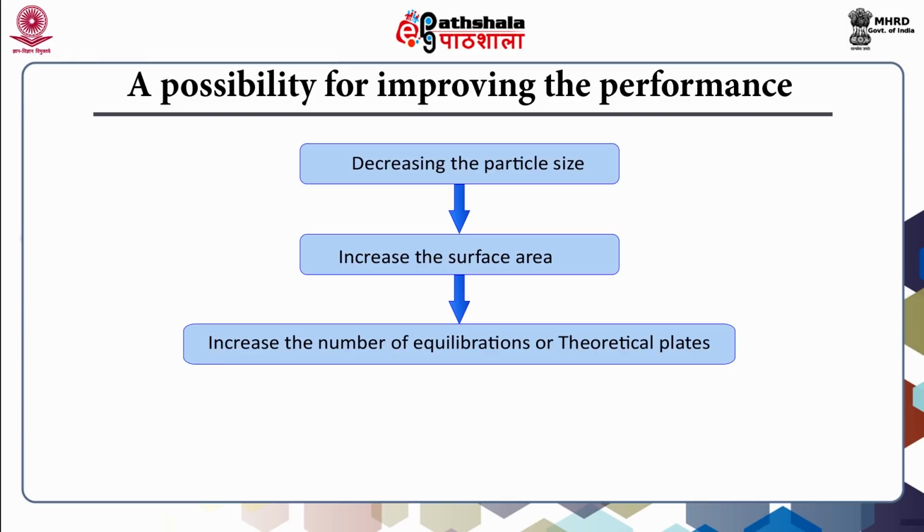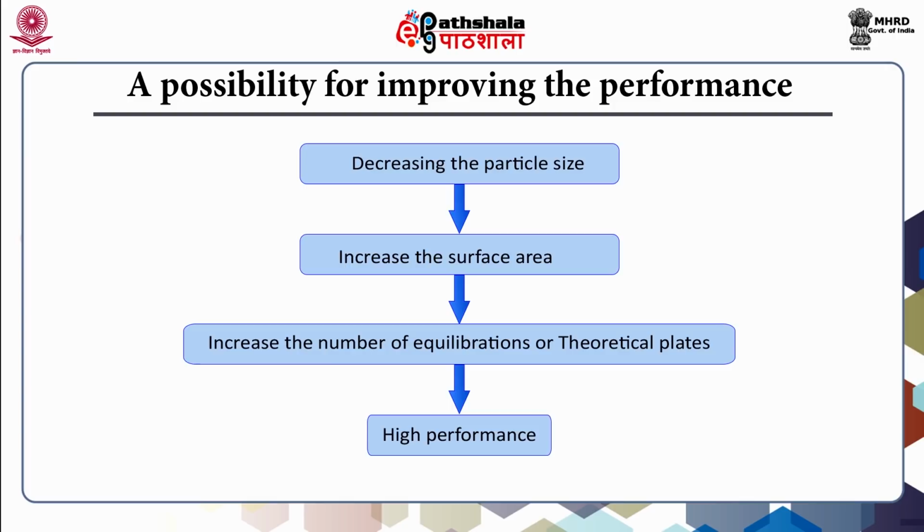Increasing the number of equilibrations leads to effective separation of the molecules with great resolution and other chromatography performance parameters. So, finally what happens? By decreasing the particle size, the performance of chromatography will be increased. So, this is one possibility to improve the performance of the chromatography.